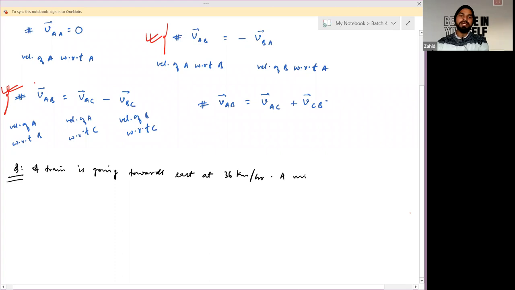A monkey is running at 5 meters per second opposite to the train, on it, with respect to train.